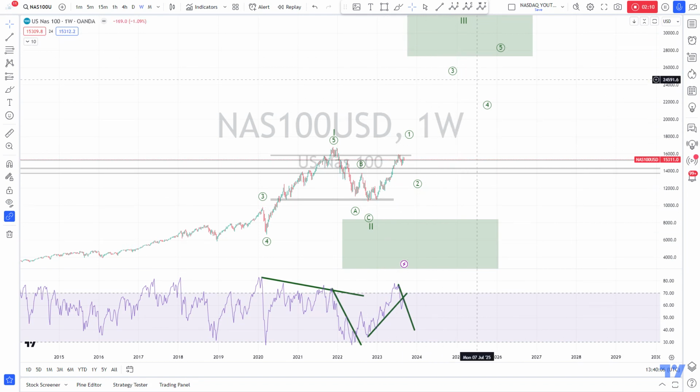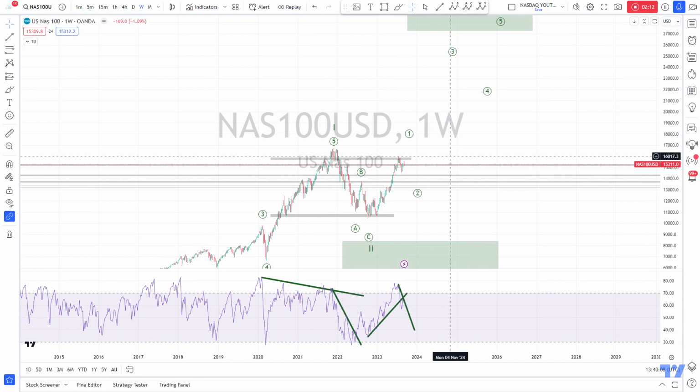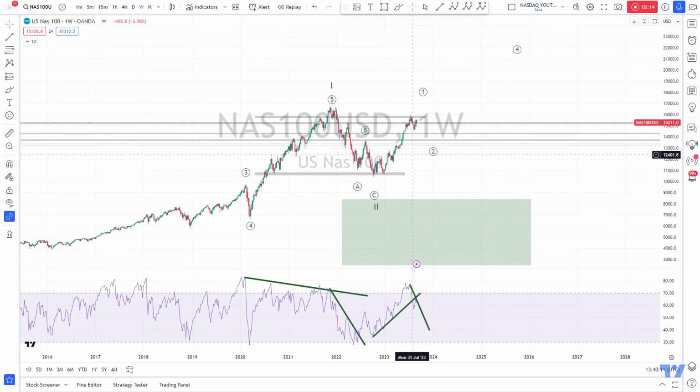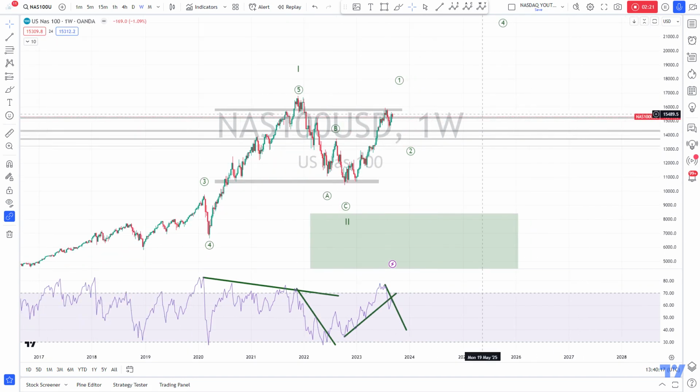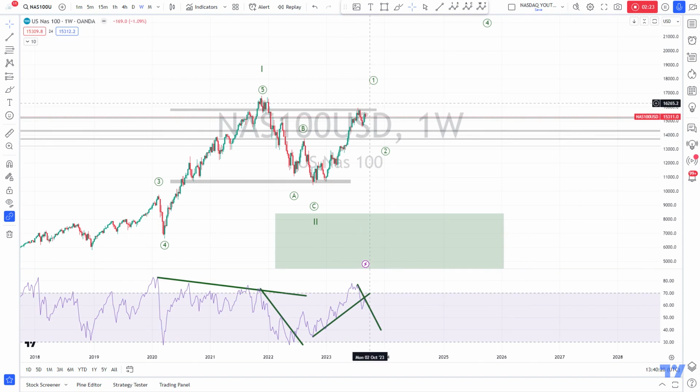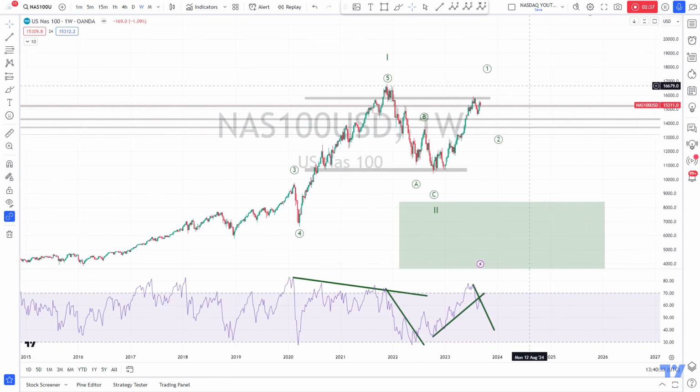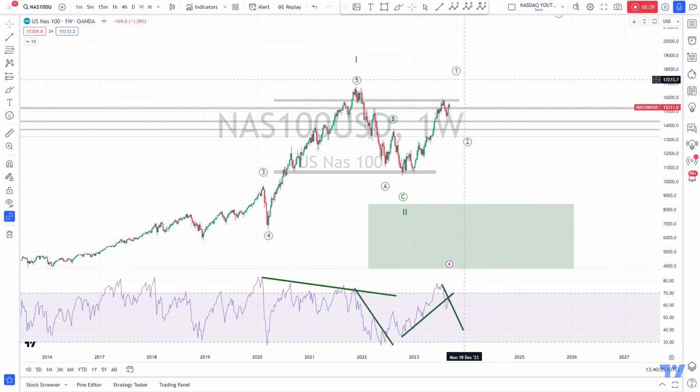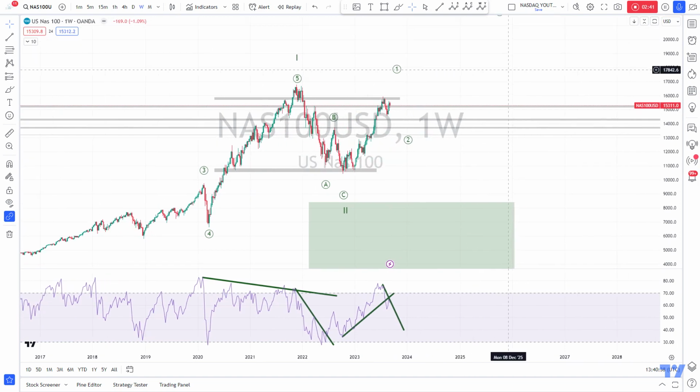This should happen in 5 waves, and so I think we might now be doing our wave 1 to the upside, a wave 1 which only needs one more wave to the upside. For now it looks like we have 1, 2, 3, 4, or 4 is ongoing, and then we need a fifth one. So this would be the bullish scenario, a wave 1 here, then a wave 2 pullback, and then more upside.